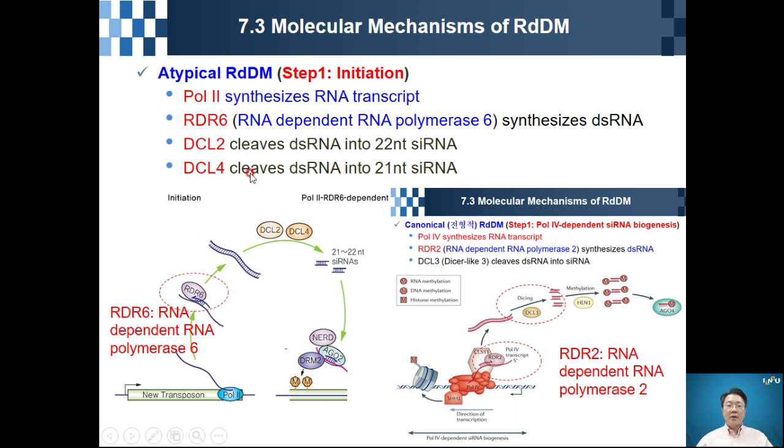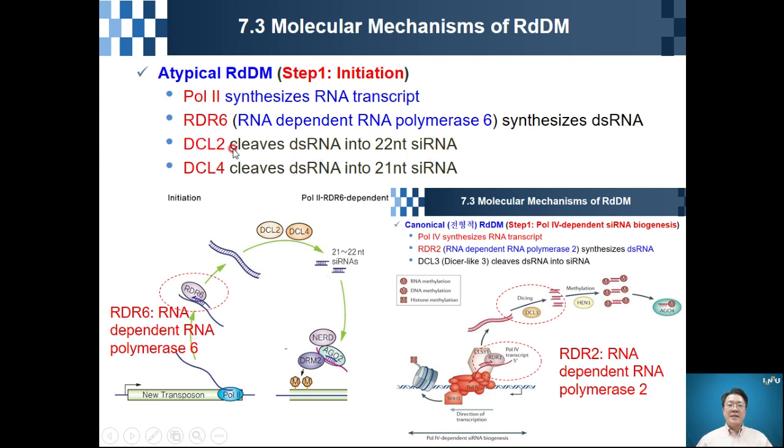After that, in the canonical step DCL3 cleaves double-stranded RNA into siRNA, but in atypical RdDM, DCL2 and DCL4 cleave the double-stranded RNA into siRNA.